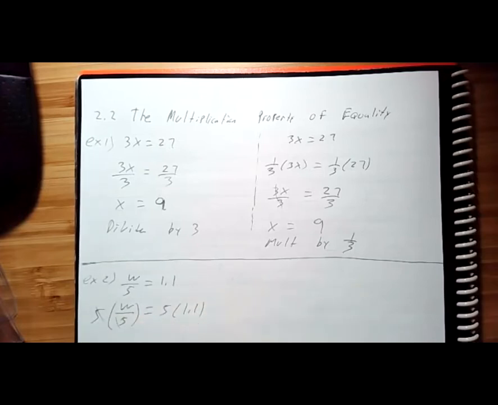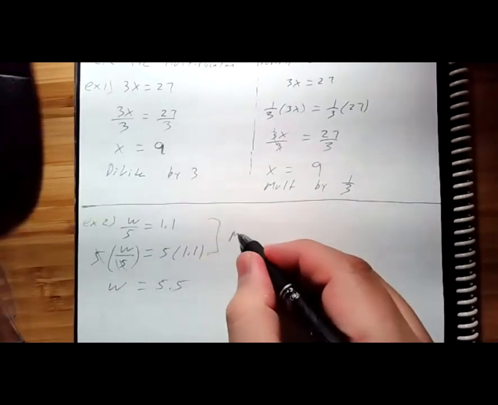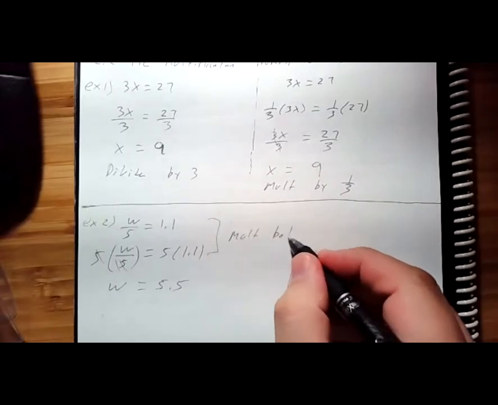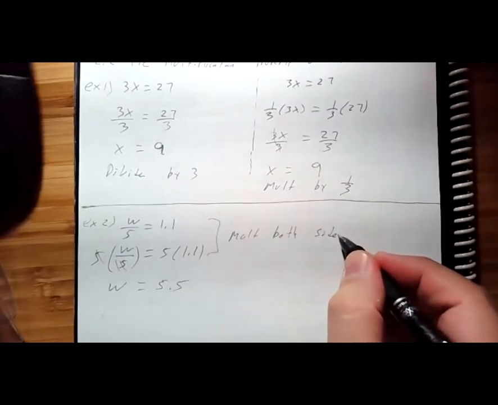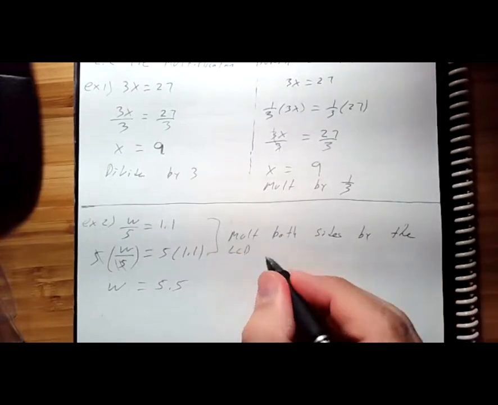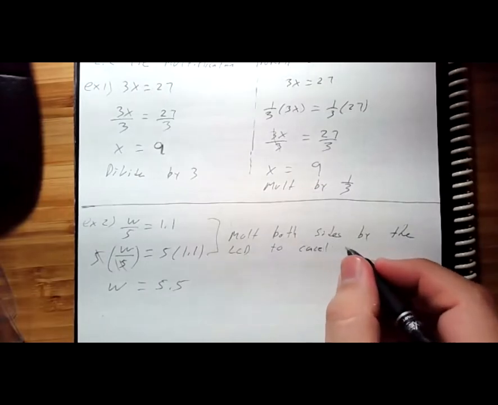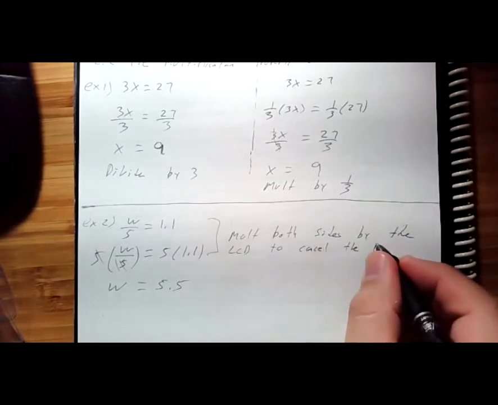So these are gone. W would be equal to 5.5, right? So from here to here, we said multiply both sides by the LCD. It's technically what happened. And once the fraction was canceled, we were done.